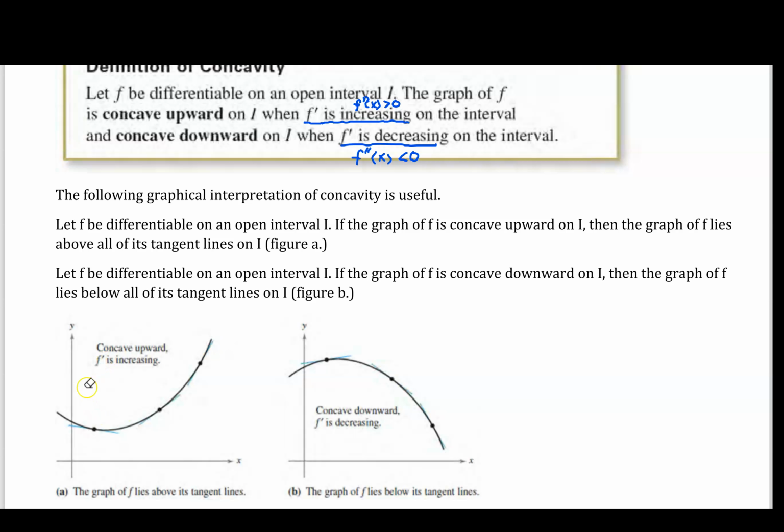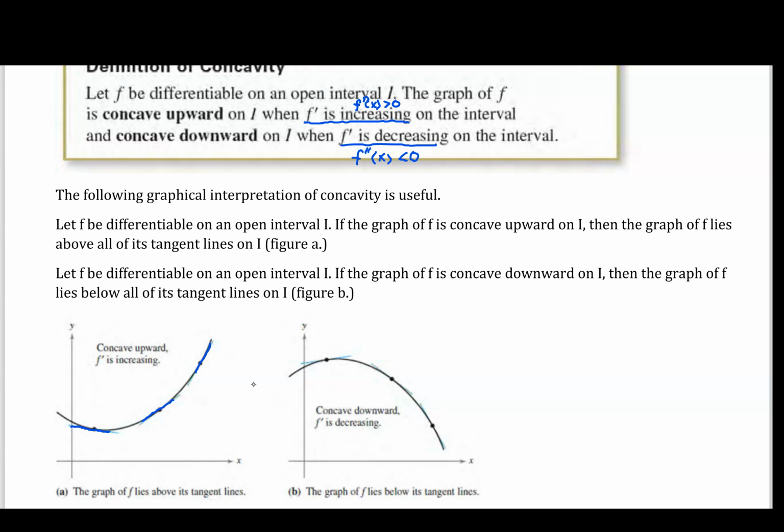Here f prime is increasing, and the tangent lines are all below the curve, or the graph of the function f lies above all of its tangent lines.